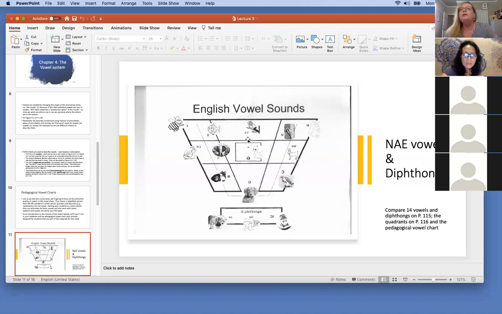Then you've got a special sound right here that is the American R sound that goes with butter, for example. As I think I said last week, in British English, we don't have this.